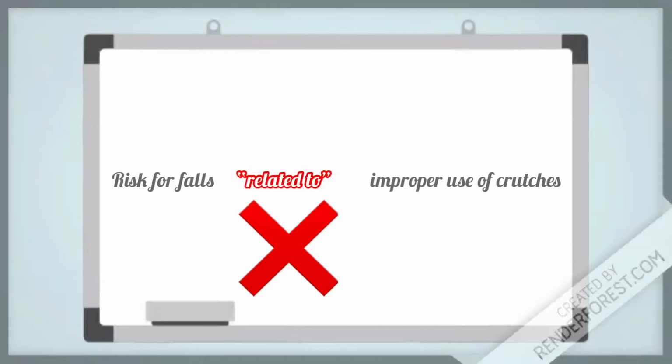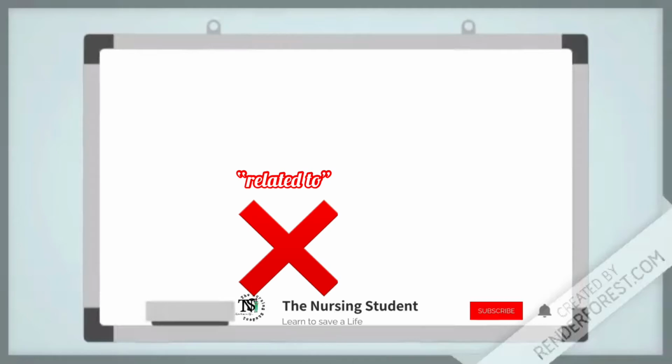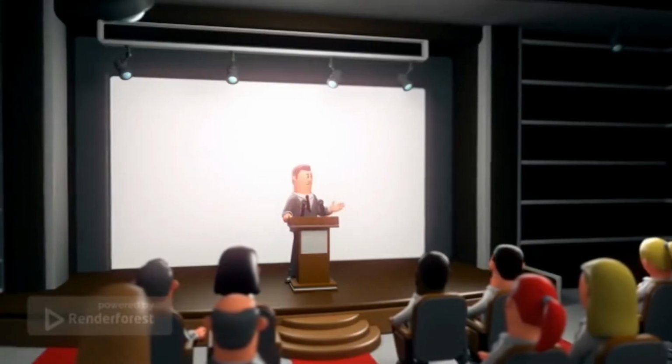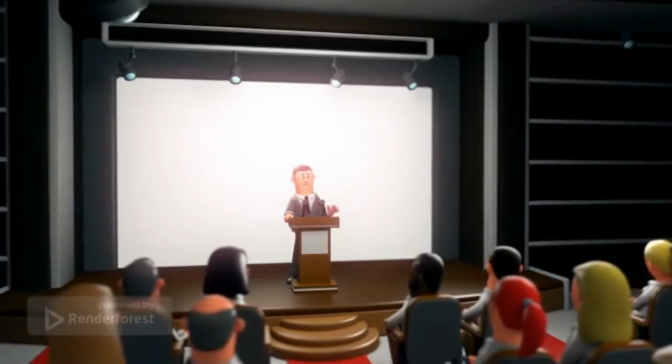Note that. Never use related to to join a risk diagnostic statement or a two-part statement, if it is a risk problem. And even when it's a health promotion problem and you want to say readiness for enhanced coping, you can't say related to. Do you get it? But then you have to say as evidenced by, because what are we seeing to show that the patient is ready to cope?